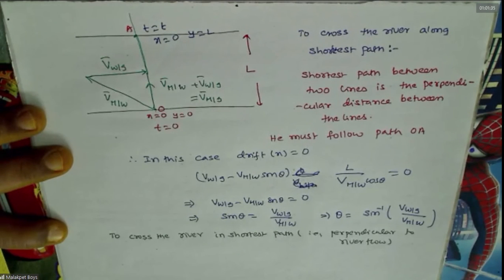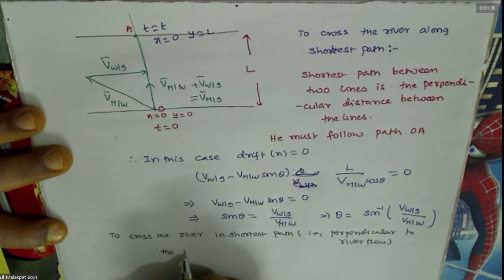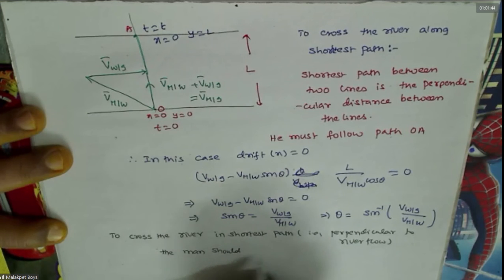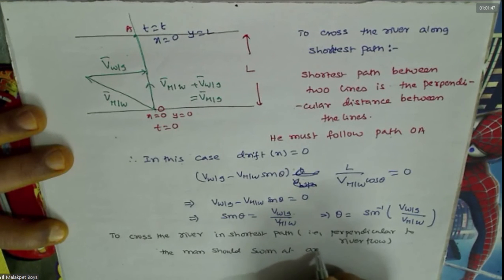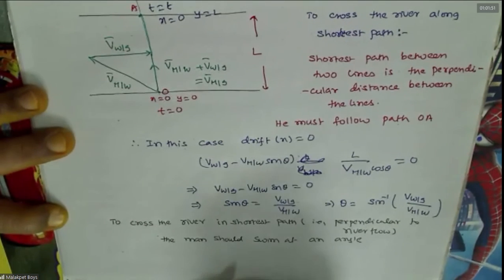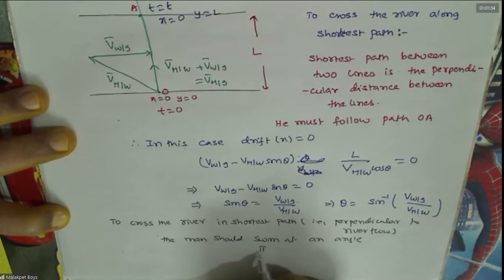What should you do? The man should swim at an angle. How much is that? Pi by 2 plus theta.